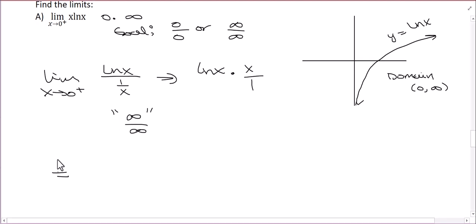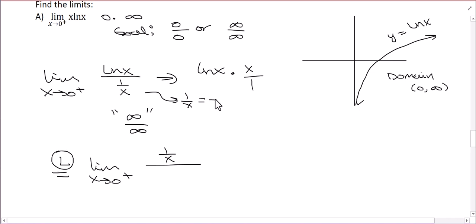So I'm going to say this equals, and I'm going to put my L because I am applying L'Hopital's, the limit as x goes to 0 from the right of the derivative of the numerator, which is 1 over x, divided by the derivative of the denominator. 1 over x can be rewritten as x to the minus 1. So this is negative x to the minus 2, so negative 1 over x squared.